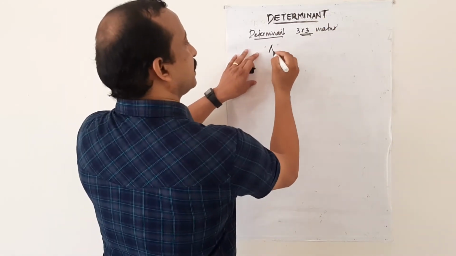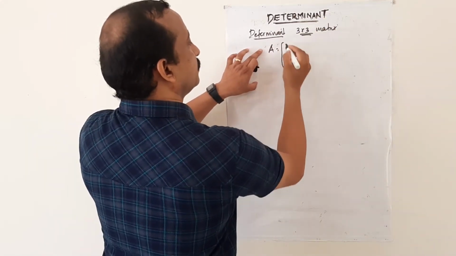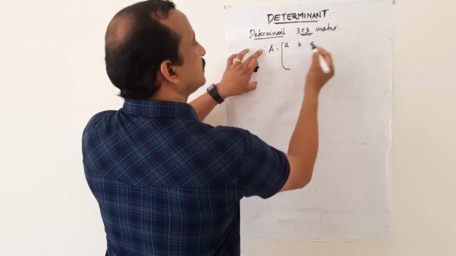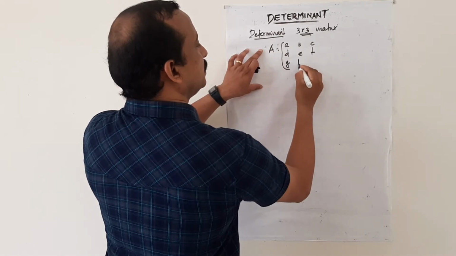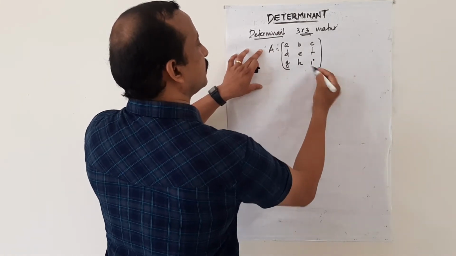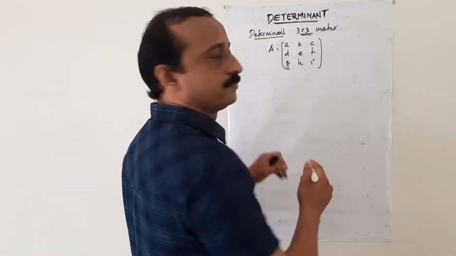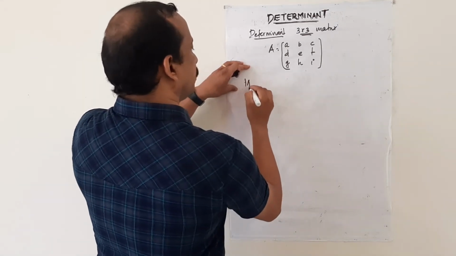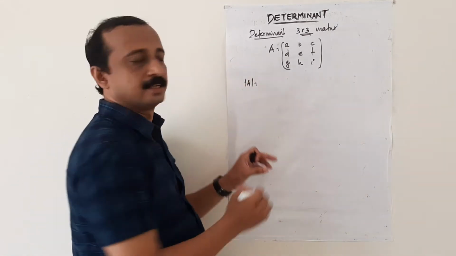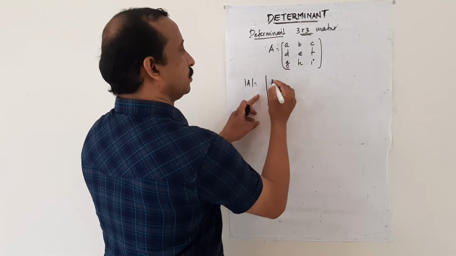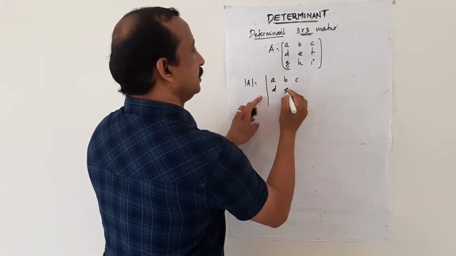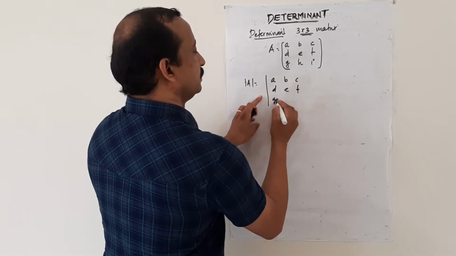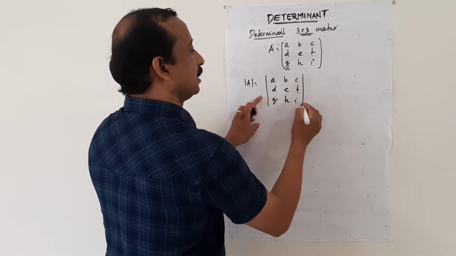First of all, you select a matrix A with elements A, B, C, D, E, F, G, H, I. How to find the determinant value of A? The determinant of A is equal to the determinant of A, B, C, D, E, F, G, H, I.